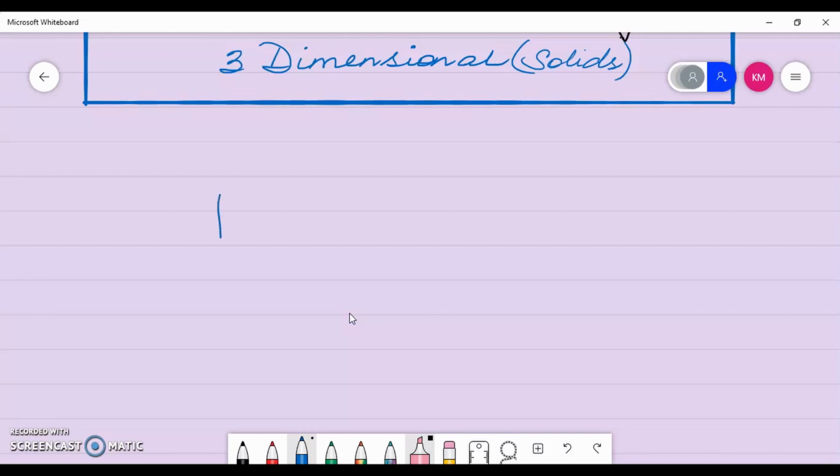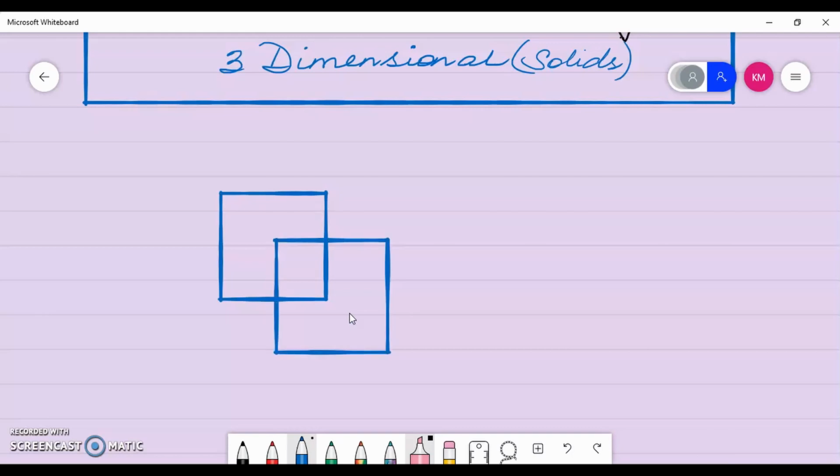Let's go. 1, 2, 3, 4, 5, 6, 7, 8, 9, 10, 11, 12. Now each of these lines are called edges. So in a cube, there are 12 edges.